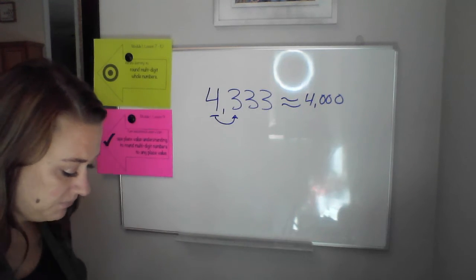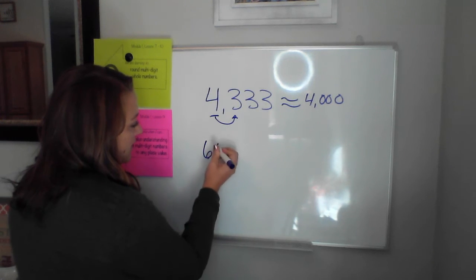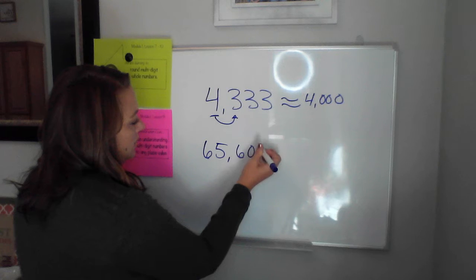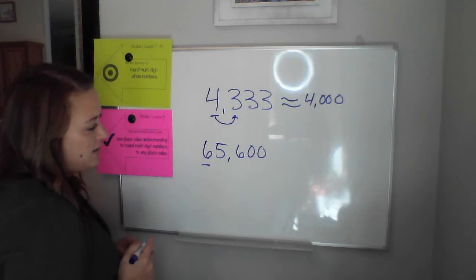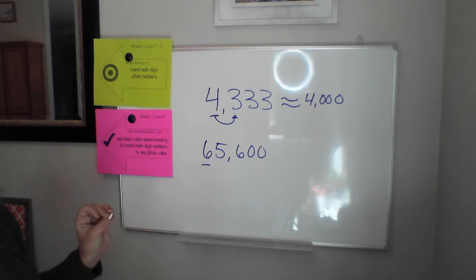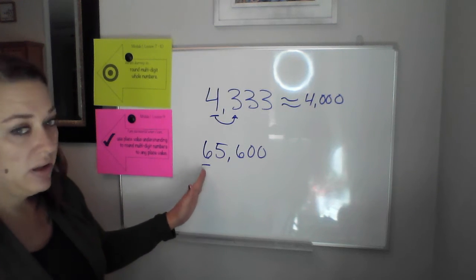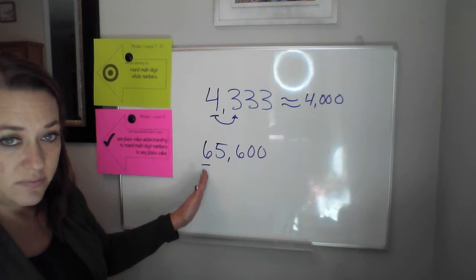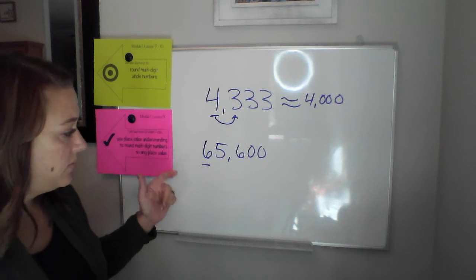Okay, let's do another one. If I have 65,600, we're going to round this to the nearest 10,000. Again, we need to look and see that we're rounding to the nearest 10,000s. My low end would be 60,000. My high end would be 70,000. Okay.